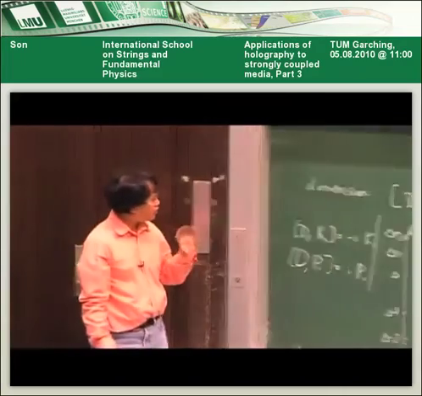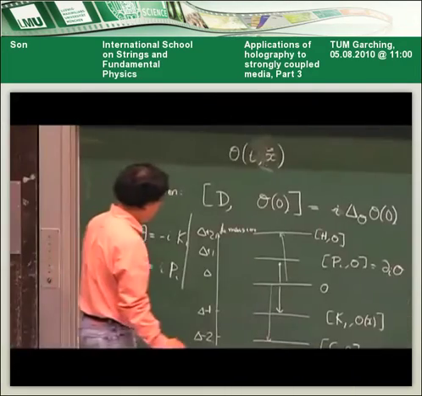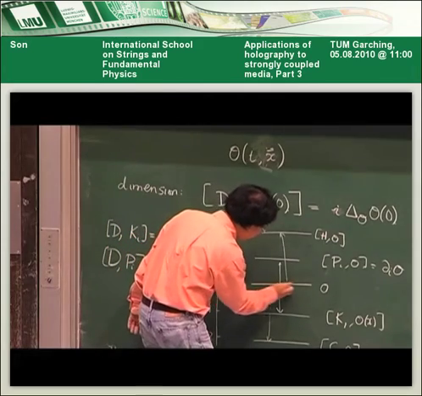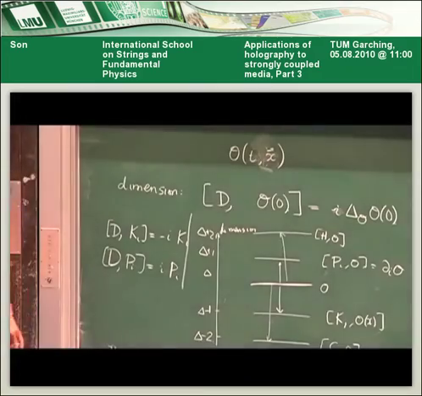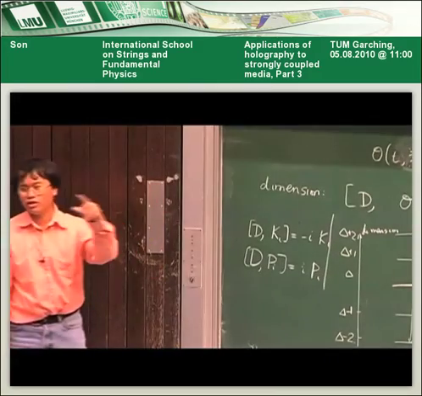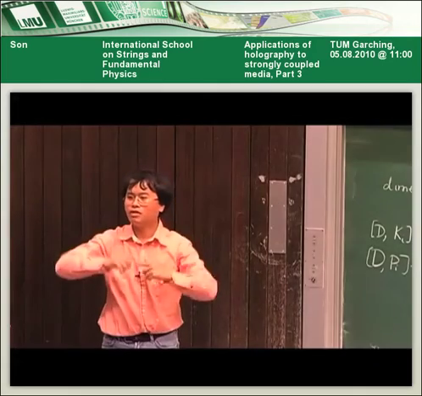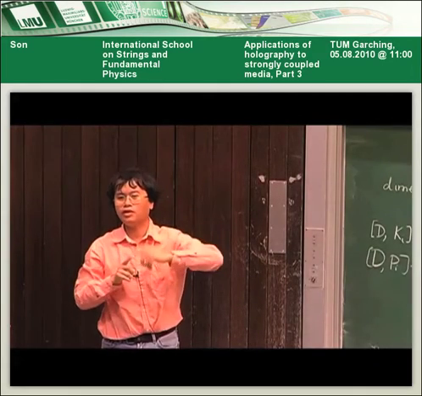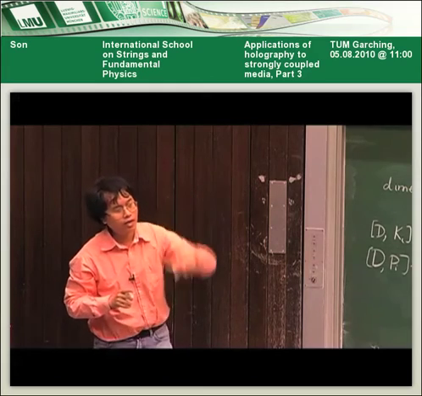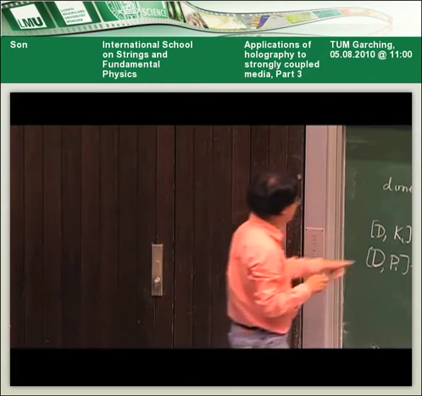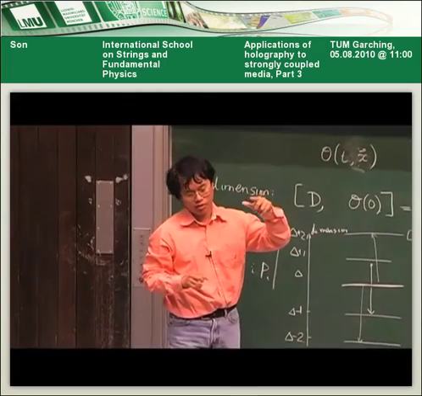So if you look at this picture, and then assume that from one operator you can create a ladder. You can climb up by taking the derivative, or commuting the operator with momentum and Hamiltonian, or you can climb down the ladder by commuting the operator with the Galilean boost or the proper conformal transformation.